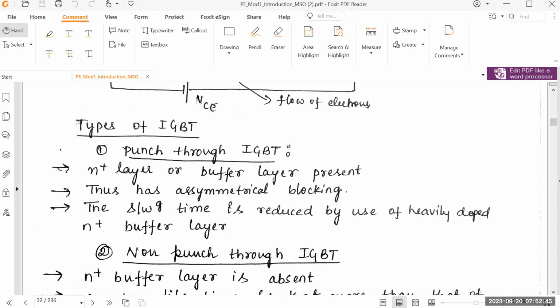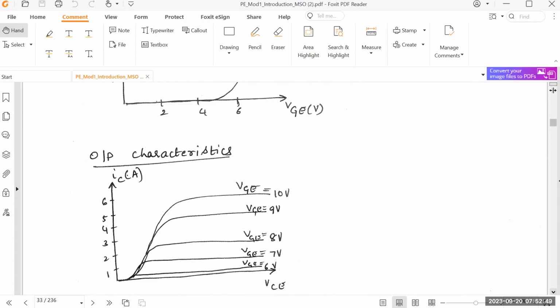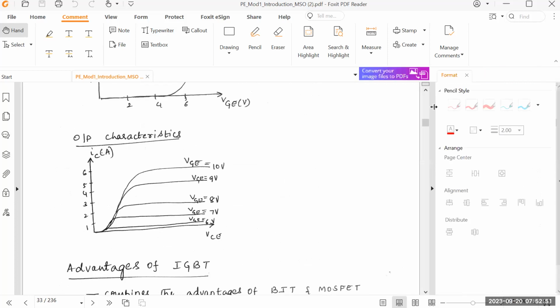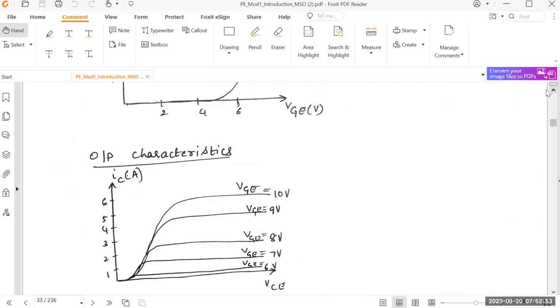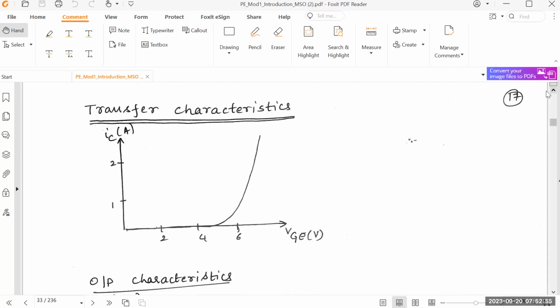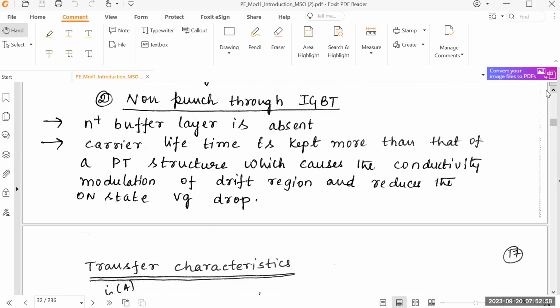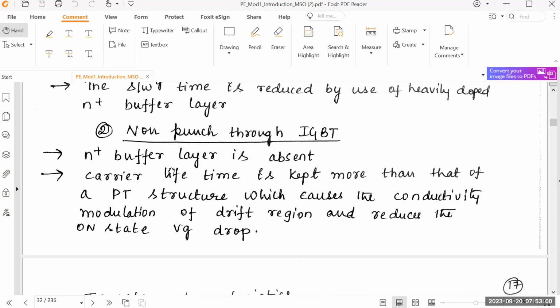If I go to the non-punch through IGBT, you will not have an N plus buffer layer.